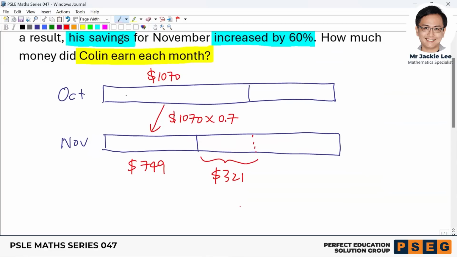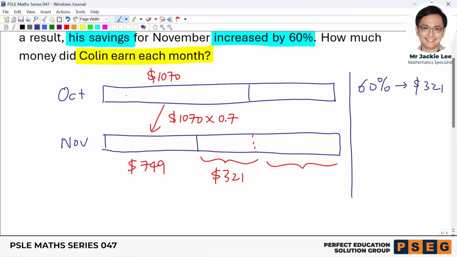So in other words, we can actually find back this part by doing something like 60% corresponding to 321. So we are trying to get back the 100%.